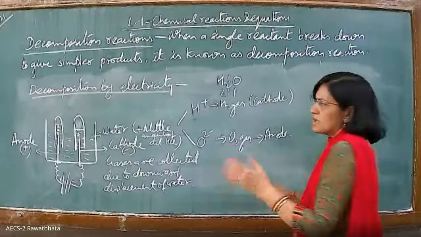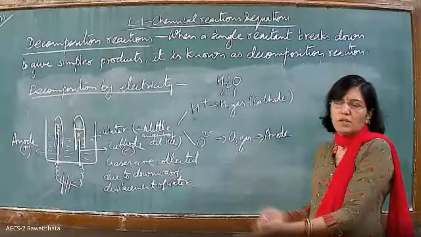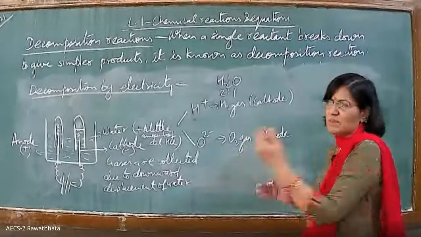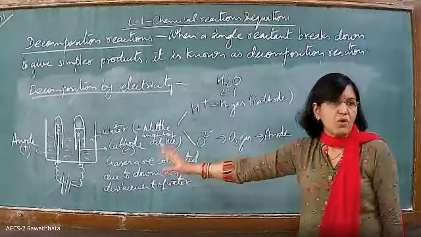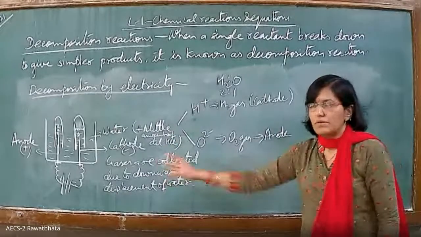Well, for this whole process, decomposition with the help of electricity, a simple equation: H2O gets broken down to H2 and O2. But this is the story behind where the question comes from.